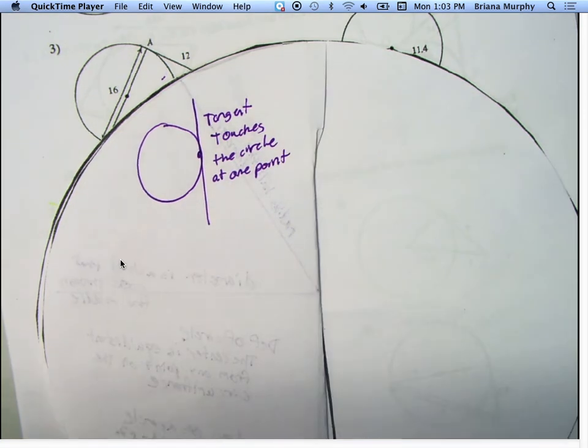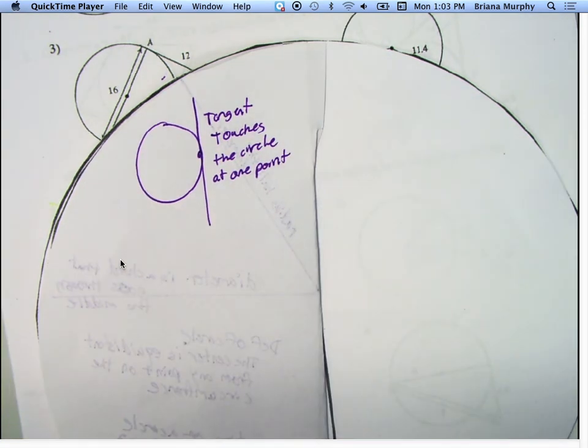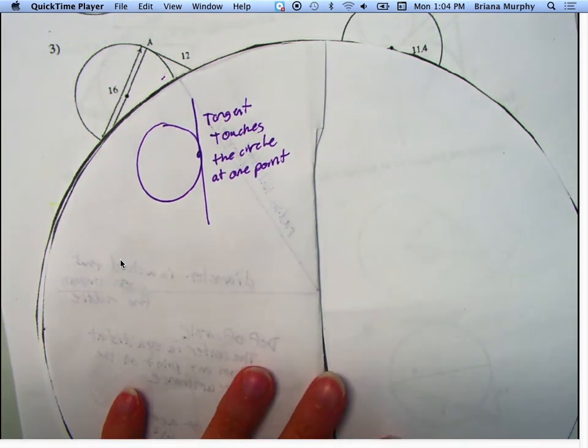So it might look like it overlaps, it's just bad drawing. Okay? But it's touching it at just one point.